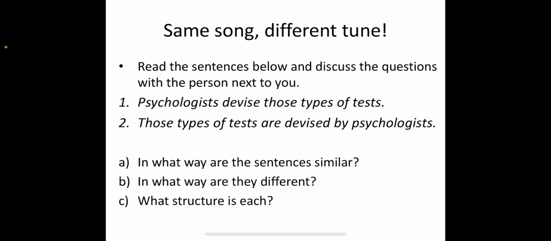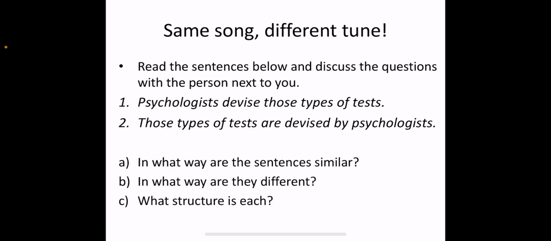You know the name of that structure, right? Sentence number 2 is a passive voice sentence. So we can see that they are different in structure. In this unit, we're going to be studying how and when we use passive voice sentences.